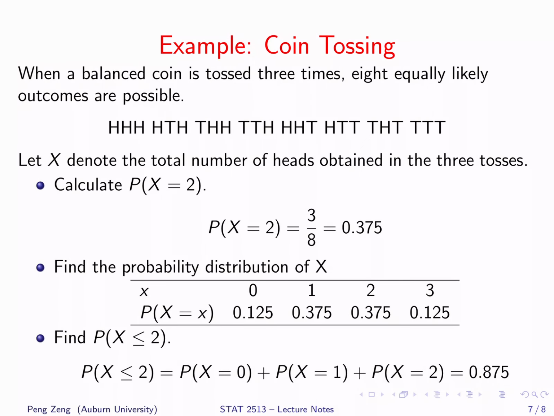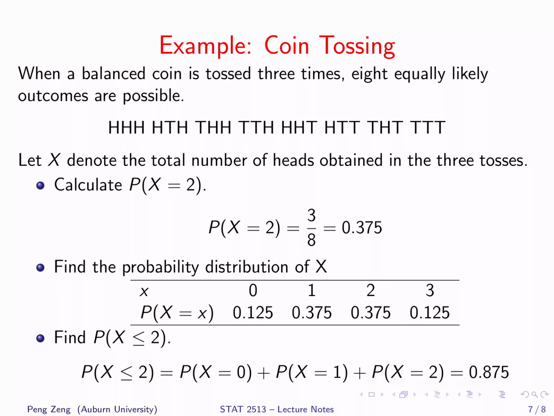In this example, we consider the experiment of tossing a balanced coin 3 times. There are 8 possible outcomes. In the following, we use H to denote heads and T for tails. The 8 possible outcomes are listed. Let X denote the number of heads. It is a discrete random variable with 4 possible values, ranging from 0 to 3.